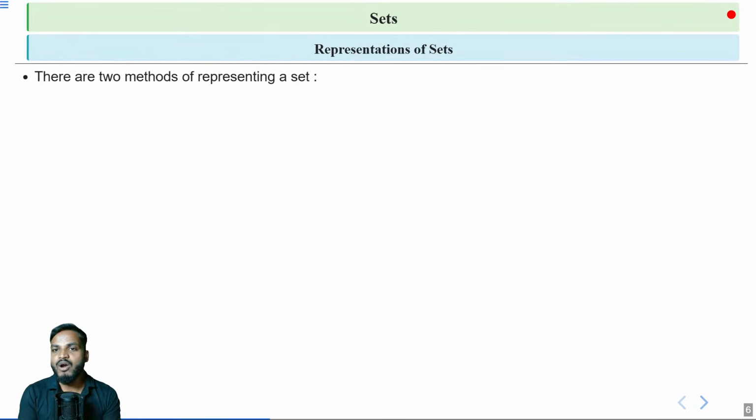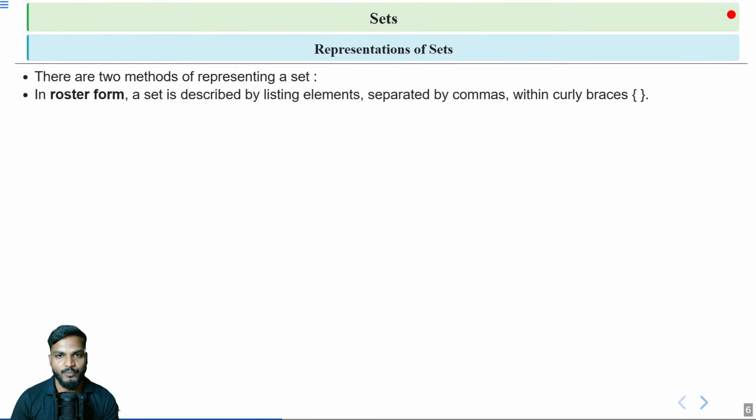So now we will study about the forms of set, how we can represent a set. There are two methods for representing a set. The first one is roster form. So what is roster form? In roster form, a set is described by listing elements separated by commas within curly braces.